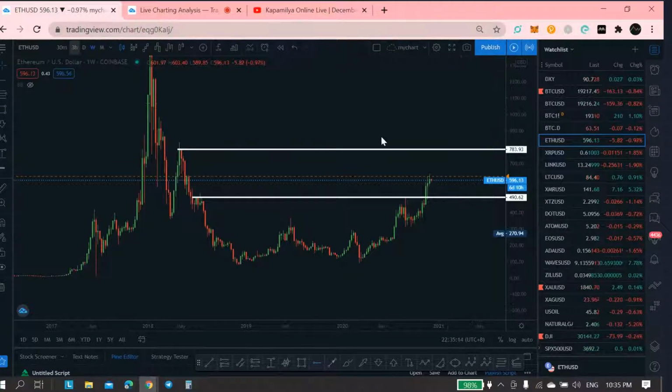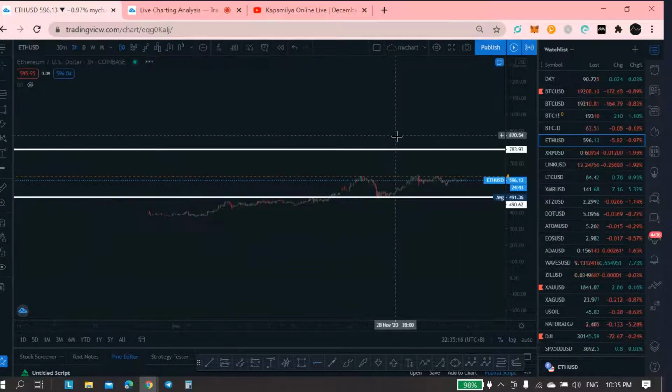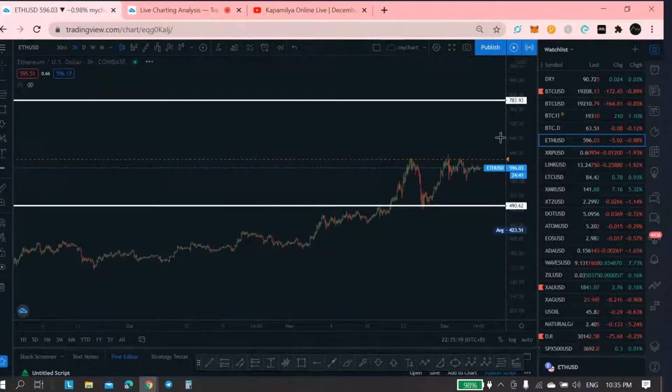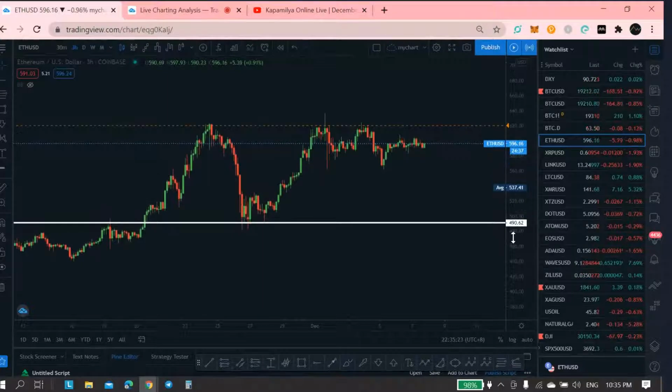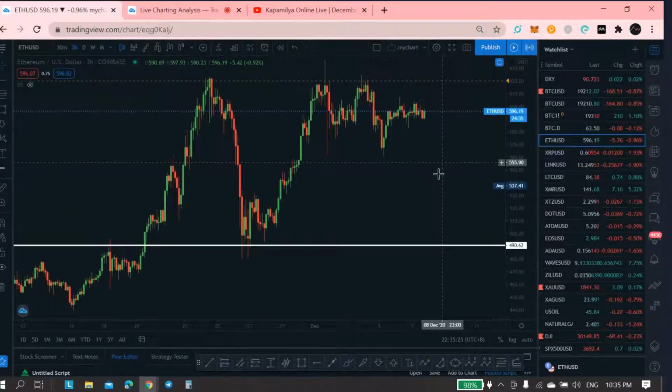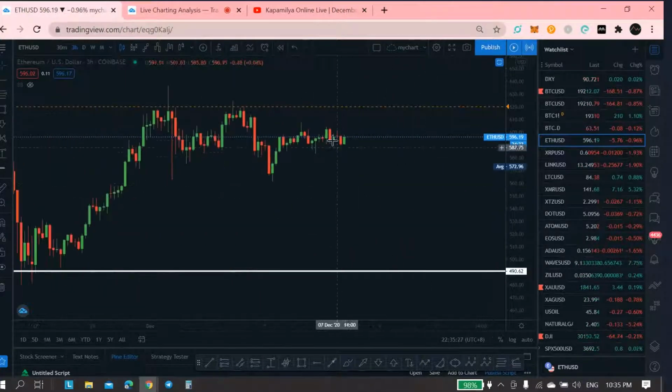If you want to look at the shorter time frame, we can also look at the 3 hours time frame. But at the 3 hours time frame, there's a doji here and then going down.